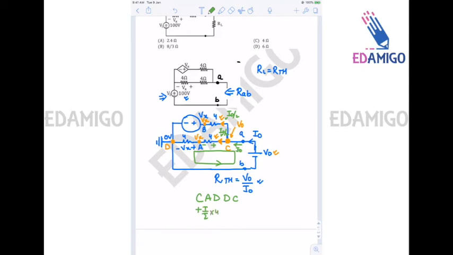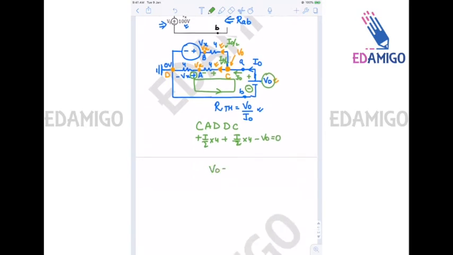From A to D again, it is plus I0 by 2 into 4. Then from D to C, since we are entering from the negative terminal of V0, it is minus V0 equals 0. So from here V0 is equal to 4 I0, or we can say that R equivalent is equal to 4 ohms. So this is the answer to this question.